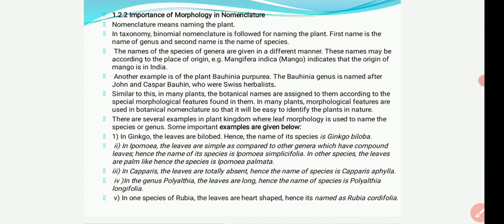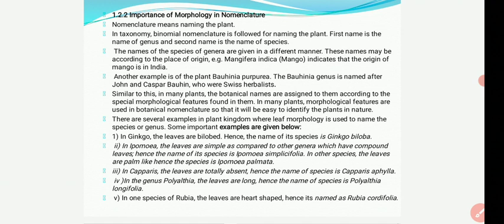In many plants, morphological features are used in botanical nomenclature so that it will be easy to identify the plants in nature. There are several examples in the plant kingdom where leaf morphology is used to name the species or genus. Some important examples are given below.